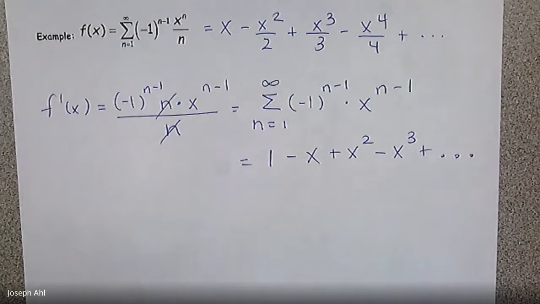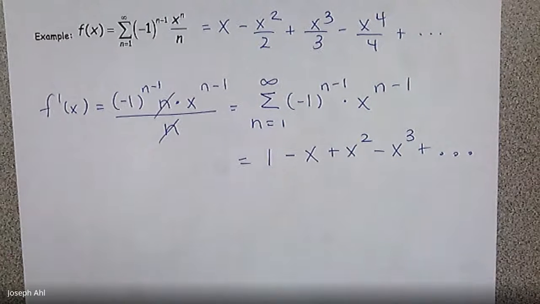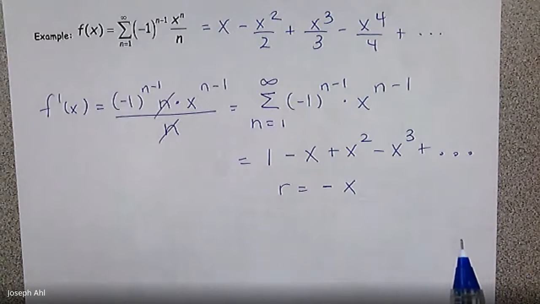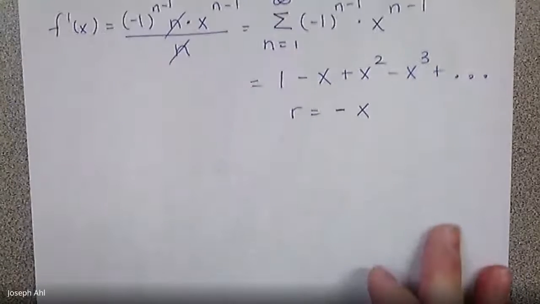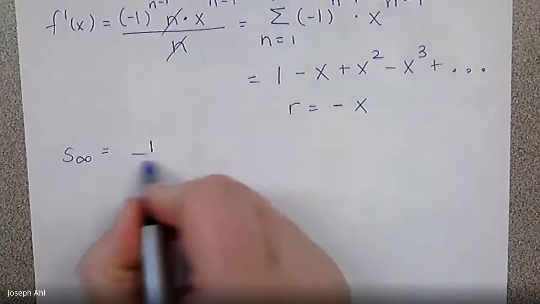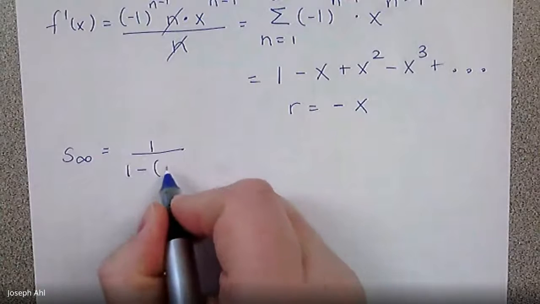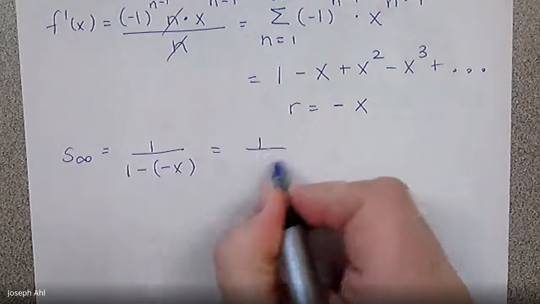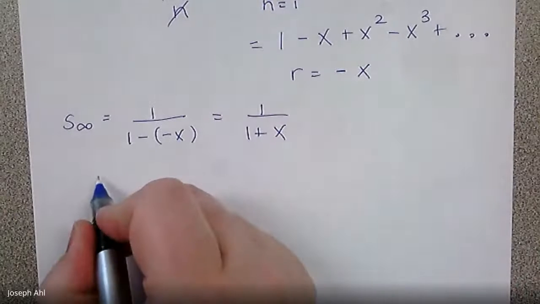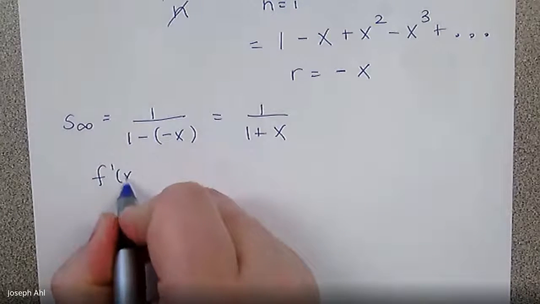Well, that's an infinite geometric series again, except this time my ratio is -x. Okay, so if we're multiplying by -x each time, the infinite series would be a1, which is 1, over 1 minus the ratio, -x. So we get that the infinite series is equal to 1 over 1 plus x. And again, that's f prime.